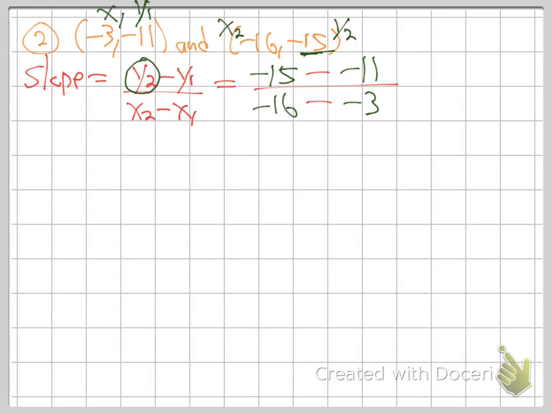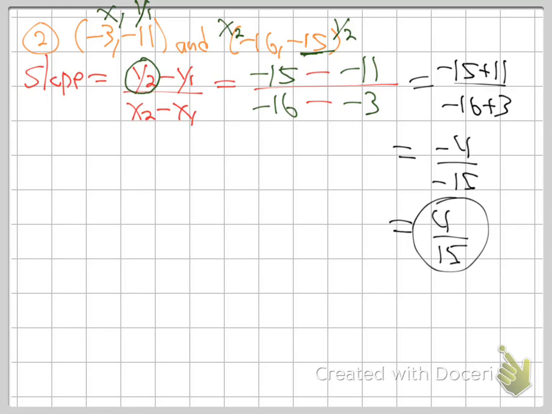Those subtraction symbols built right into the formula. And then the 4 numbers we're plugging in are also negative. And so you know how that works. That's minus 15 plus 11, minus 16 plus 3. What is that? Minus 4 over minus 15.